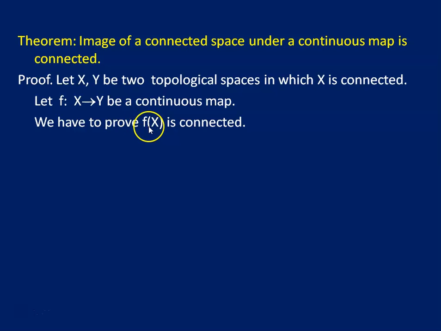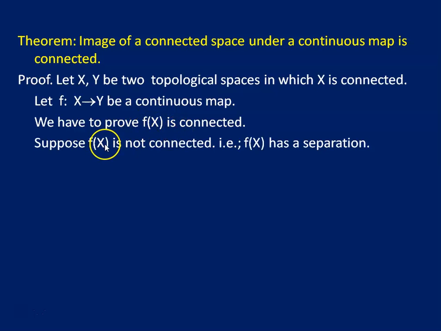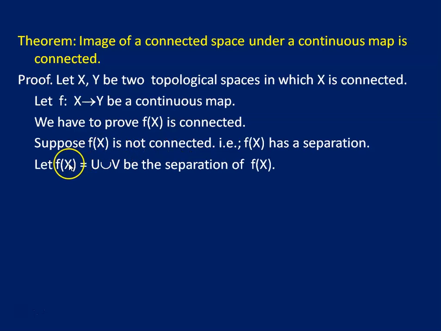That means we have to prove F of X is connected. Let us assume that F of X is not connected. That means F of X has a separation. Let F of X be equal to U union V be the separation.